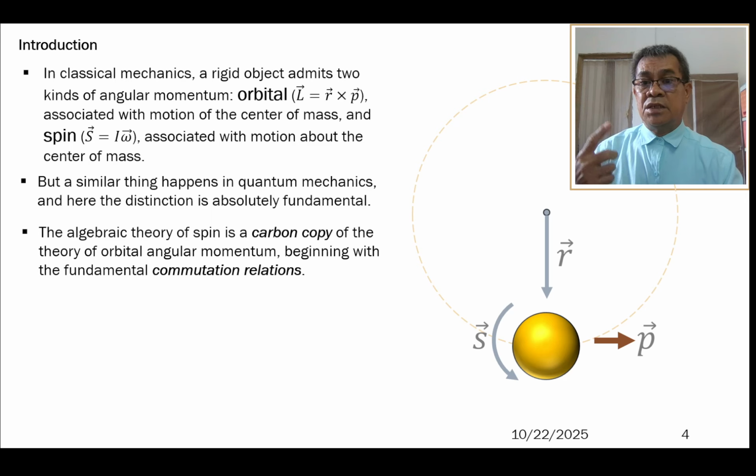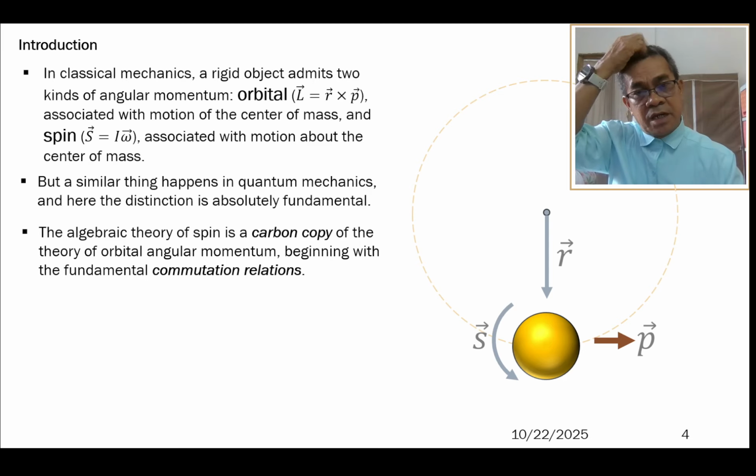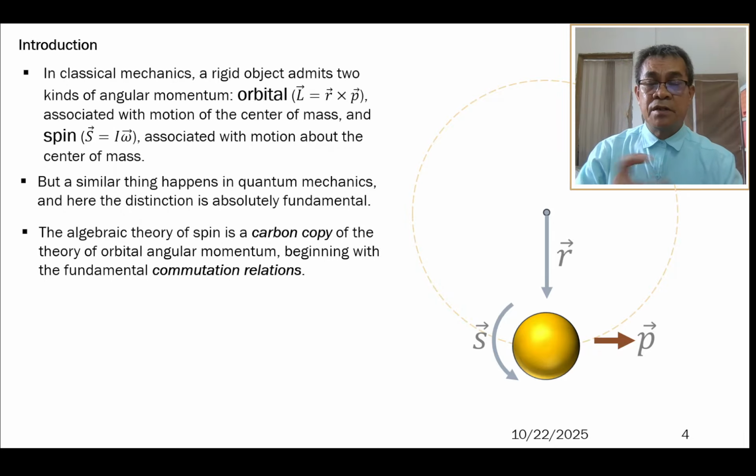Now, the spin is actually a carbon copy of what we did in our orbital angular momentum. So we use also the commutation relation. Studying the spin is not quite so difficult because we already have the idea on how to find the operators in spin.